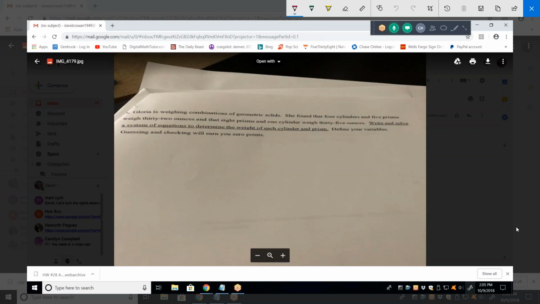Normally that sentence is not there. Usually the last sentence is: write and solve a system of equations to determine the weight of each cylinder and prism. So, define your variables.